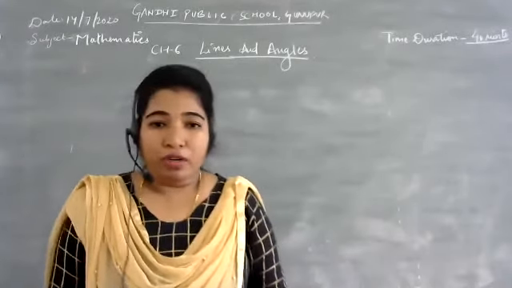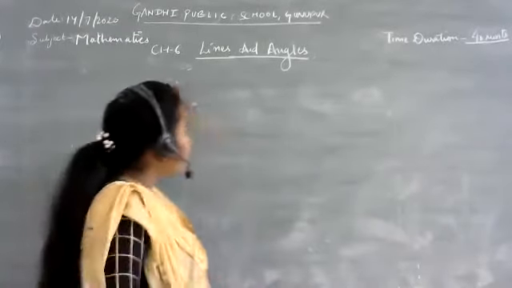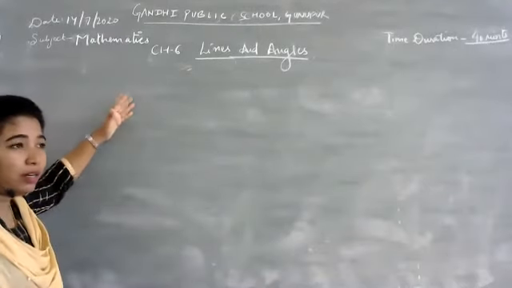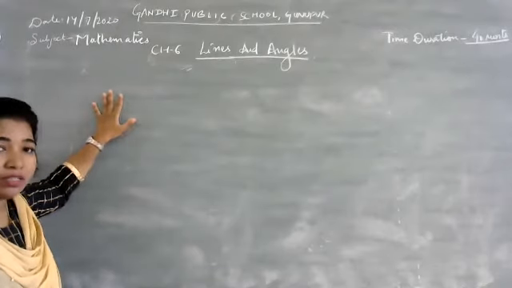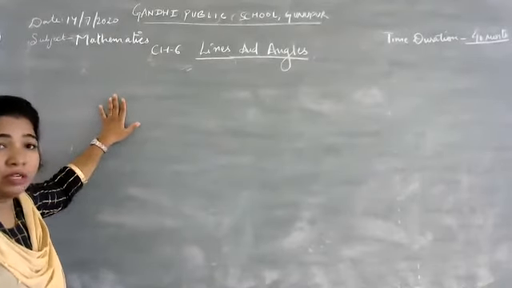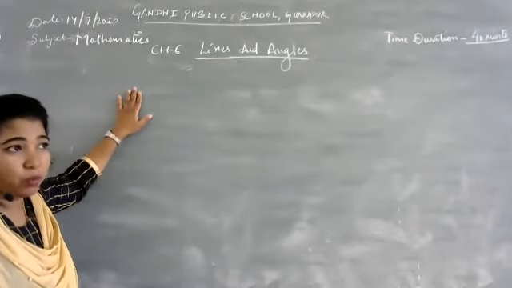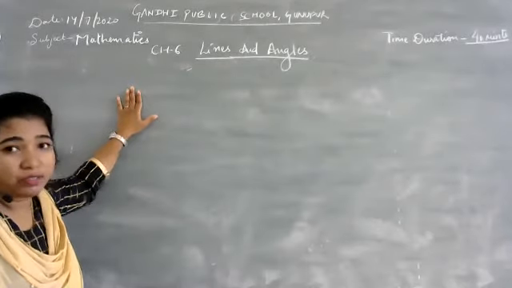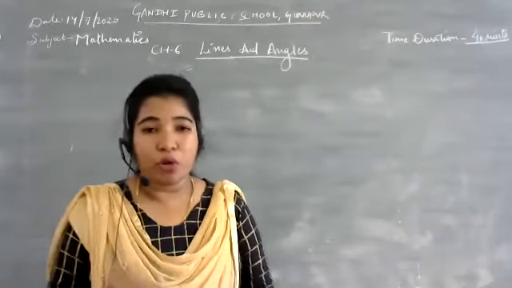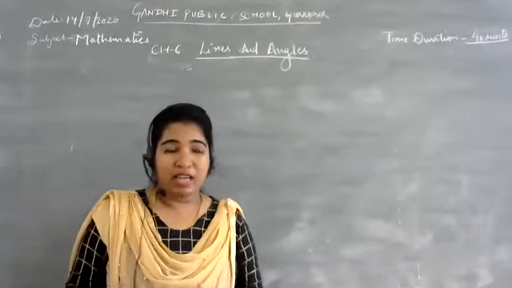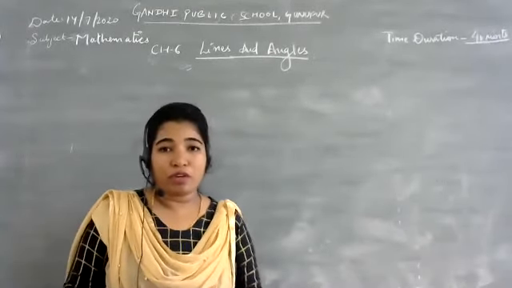Now the question arises in our mind: where are we going to use these things, ma'am? We are learning about lines and angles, but where are we going to use them? I hope you all know about architecture. An architect is responsible for good planning. If they do not have good knowledge about intersecting lines, parallel lines, and the types of angles to be constructed, how will they be able to give you a good plan?